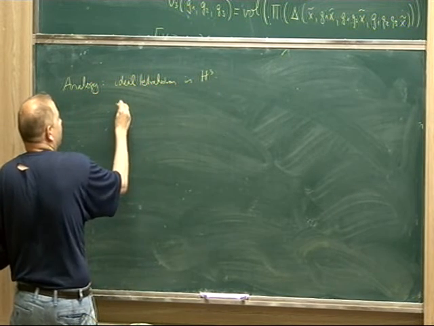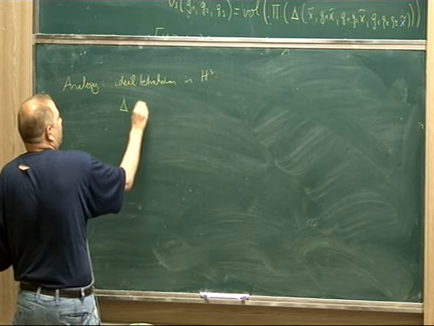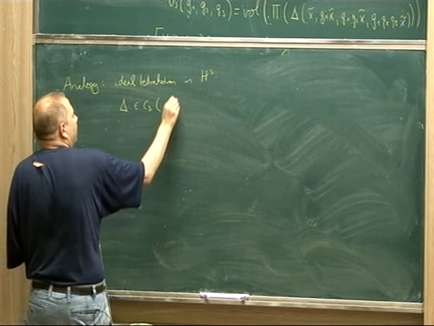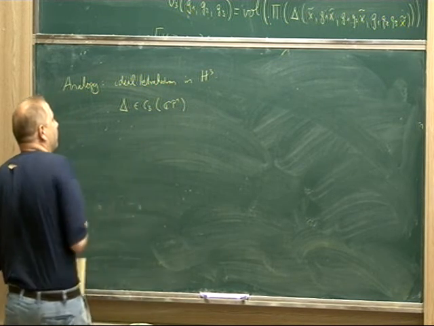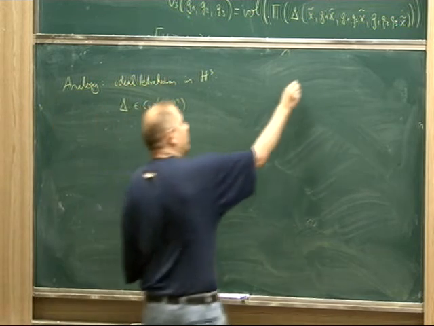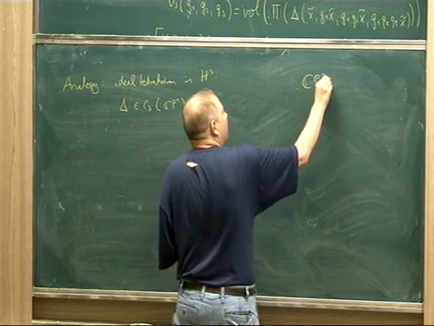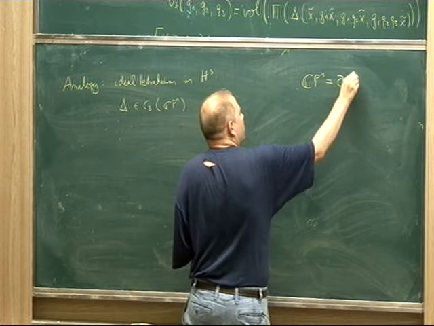this gives you an element in the four-tuples in CP1. CP1 is the ideal boundary of H3.